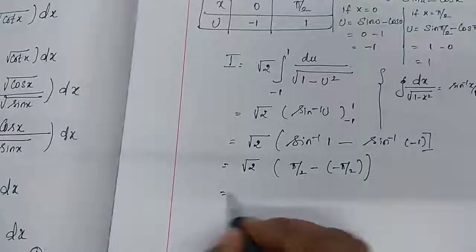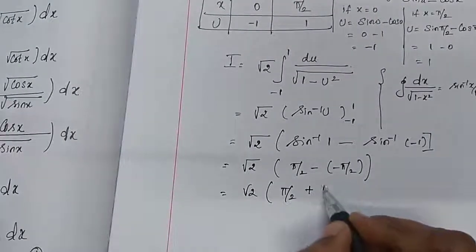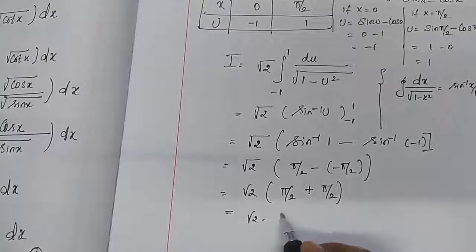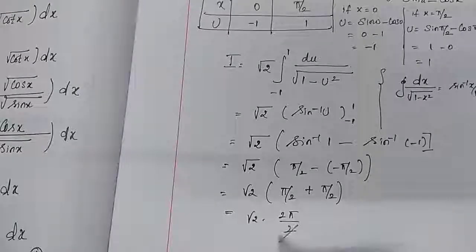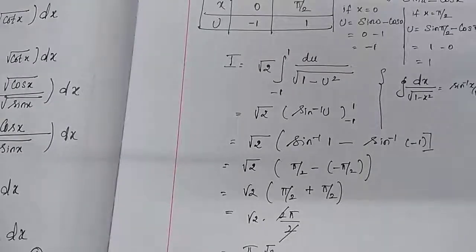Close it. So root 2, pi by 2 becomes plus pi by 2. This is equal to root 2 into 2 times pi by 2. This 2 gets cancelled. Therefore our simplified answer is pi root 2.